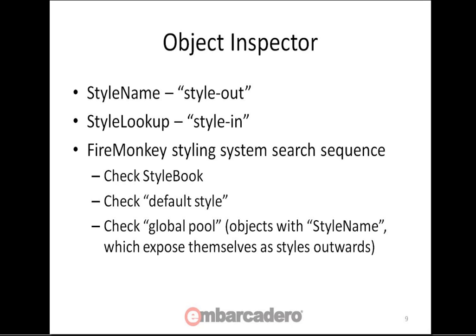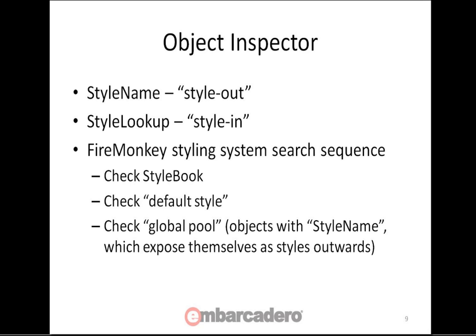This global pool is formed from the objects with a style name, and this is the mechanism of styling, allowing different styles to work within the same application, as I have already shown.